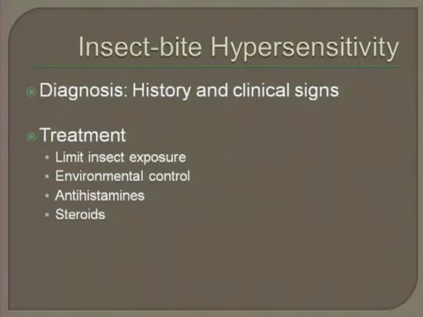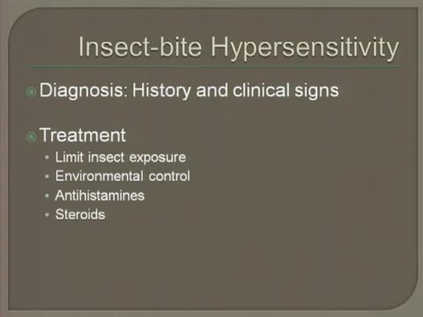So that involves stabling the horses during the peak feeding hours, so from dusk until dawn. These flies are really small. They typically will not enter buildings. So if you can stable the horse in the center of the building, away from doors and windows, that can help. Fans can provide a lot of relief as well. Horses are usually fairly smart about this and will learn fairly quickly that if they stand under the fan, they're not going to be bitten by the Culicoides flies.